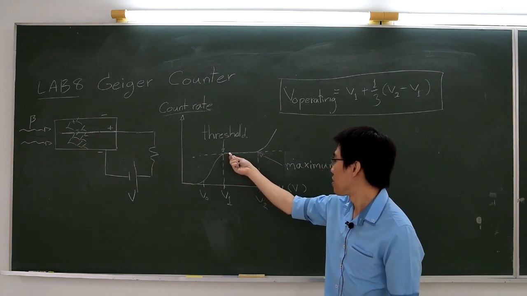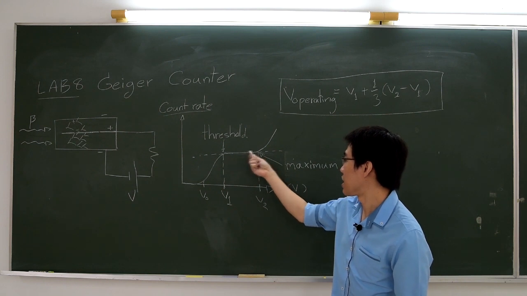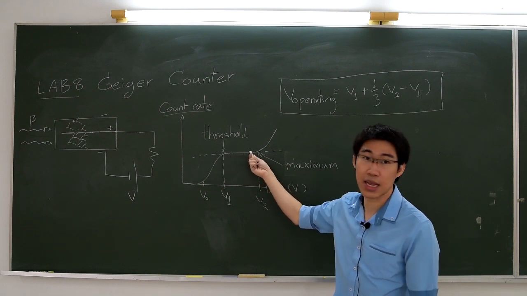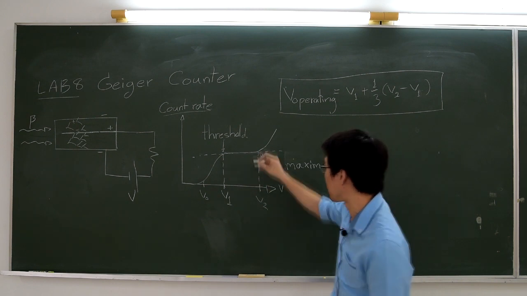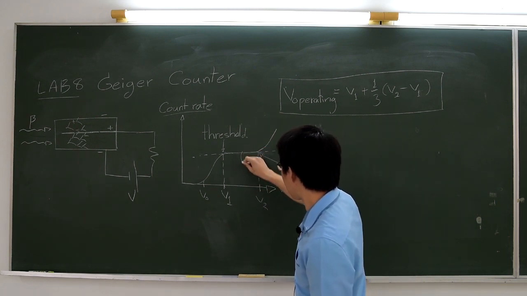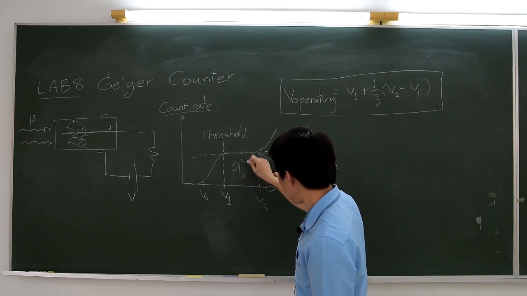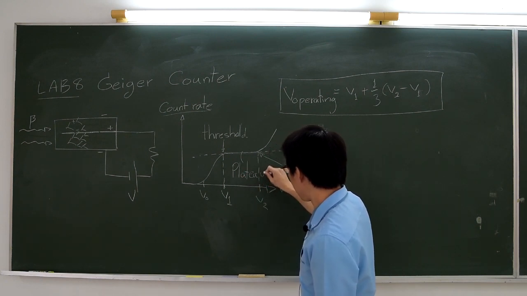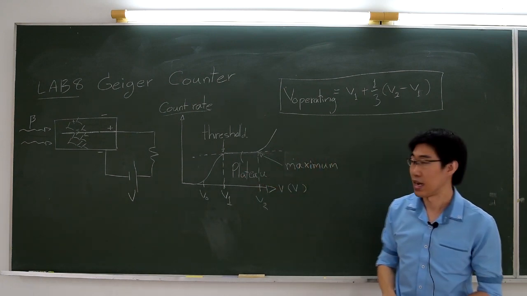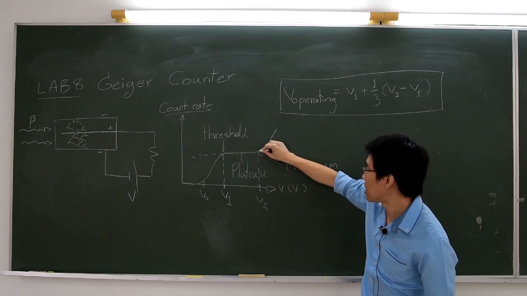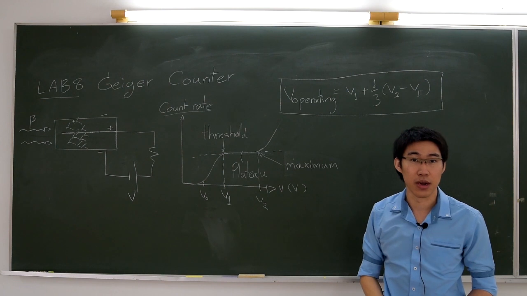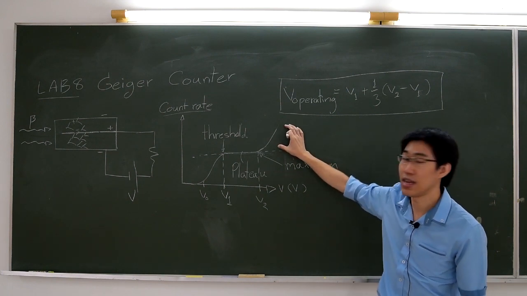After the quick rise, the count rate remains constant over a certain region. This range of applied voltage is called the plateau region. When the applied voltage becomes too high, continuous discharge of the gas will take place in the tube, and the count rate increases rapidly.